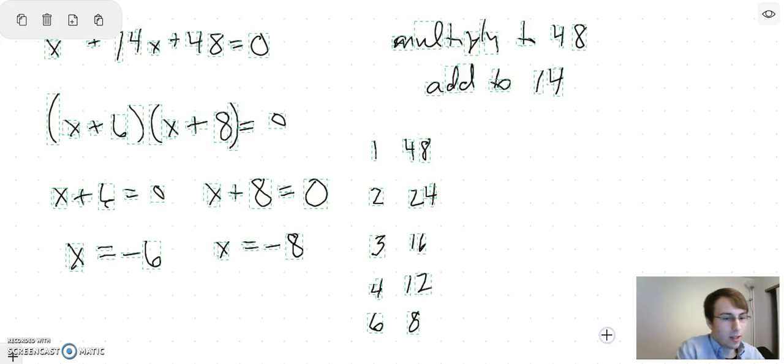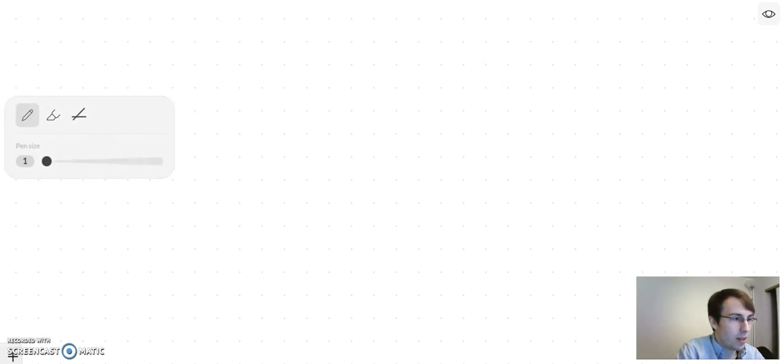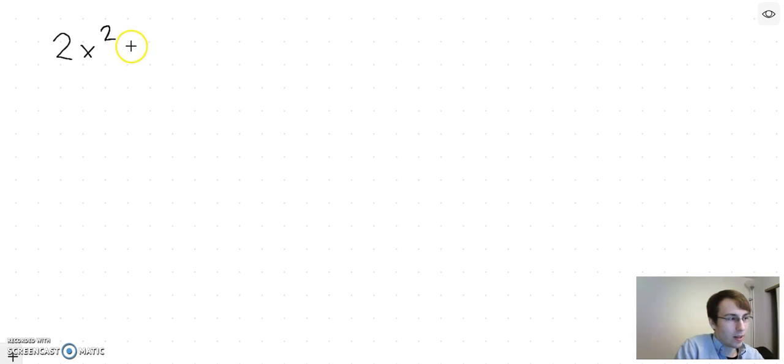Sometimes you'll have equations where you have to set it up a bit first. What if we had, for example, 2x squared plus 2x equals 24, something like that.